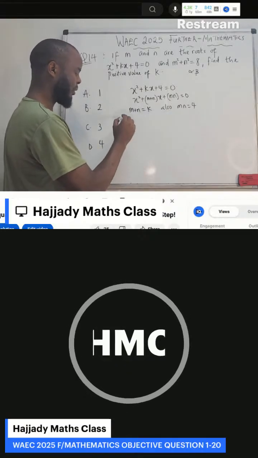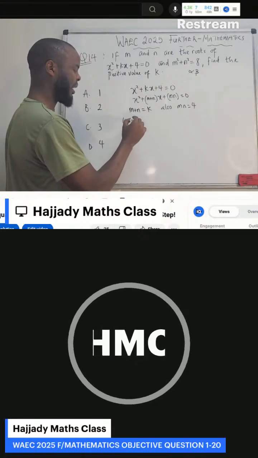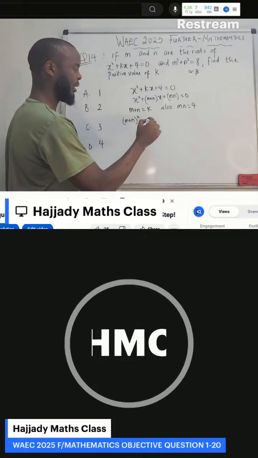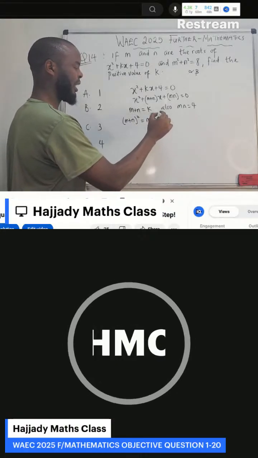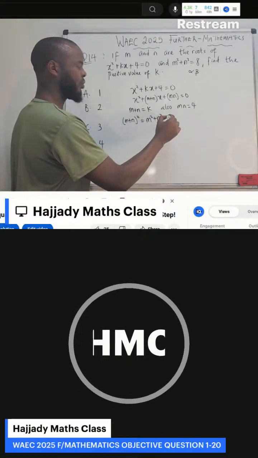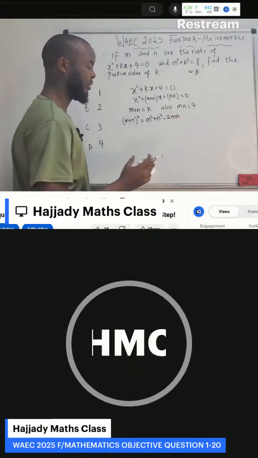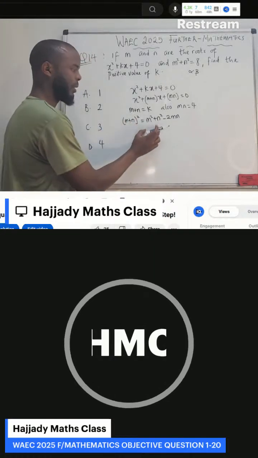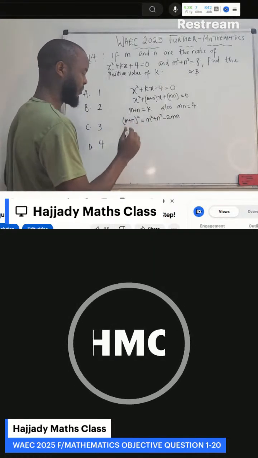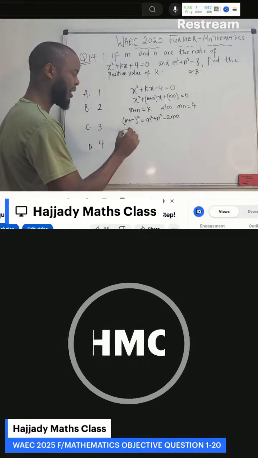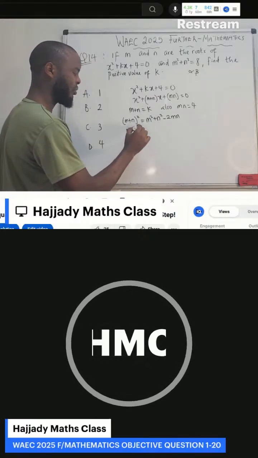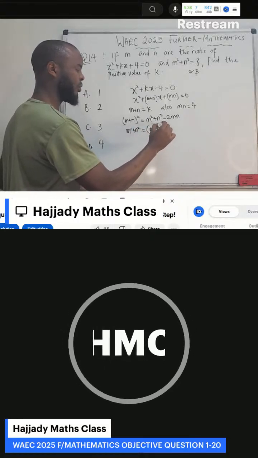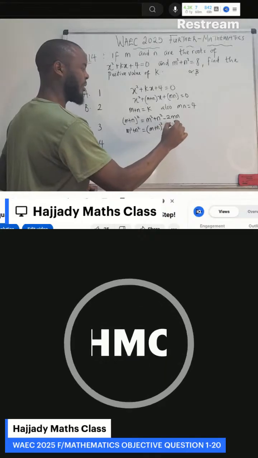I want you to also recall that when we have m plus n all squared, this can be simplified as m squared plus n squared plus 2mn when you expand the bracket. Now, from here, look at this equation. You can say that you have m squared plus n squared equals m plus n all squared minus 2mn.